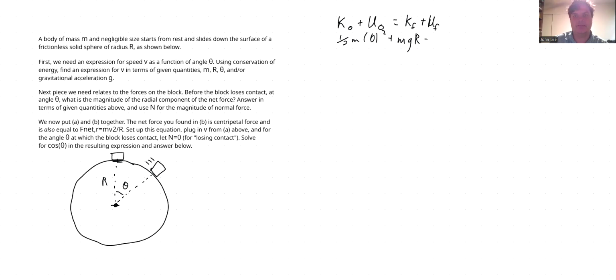and we have the final kinetic energy, which we're trying to solve for. We're trying to solve for v, plus the potential energy at any given point. In order to solve for the height at any given point, we're going to call this y.